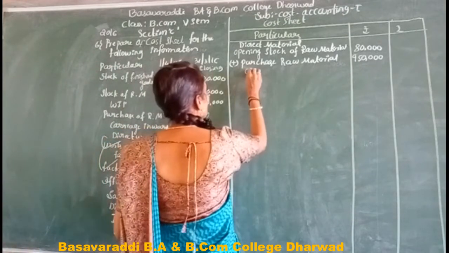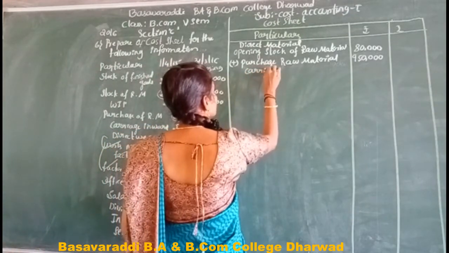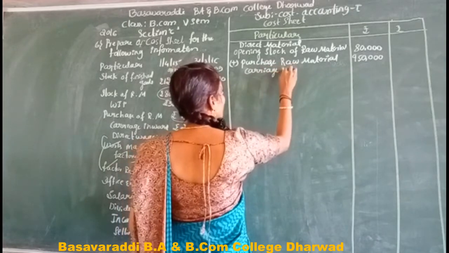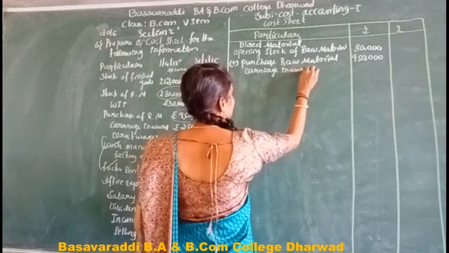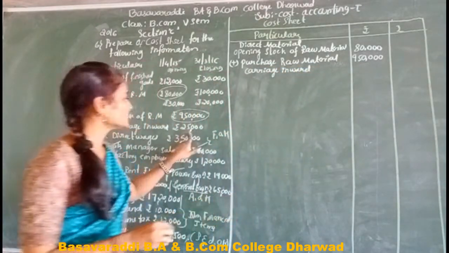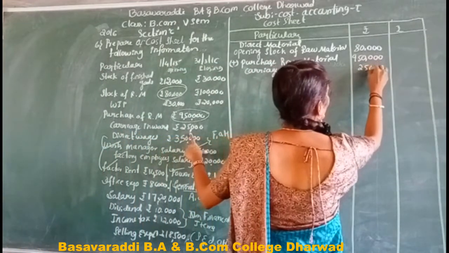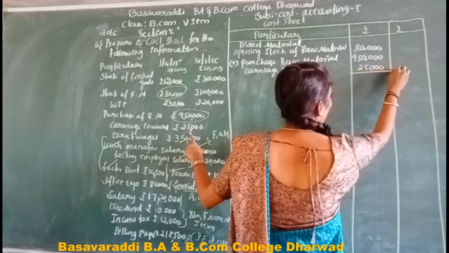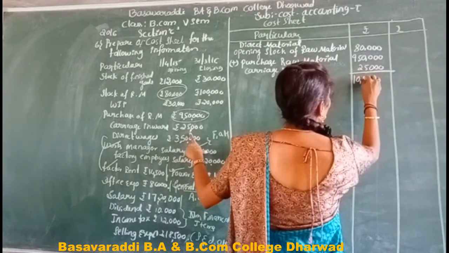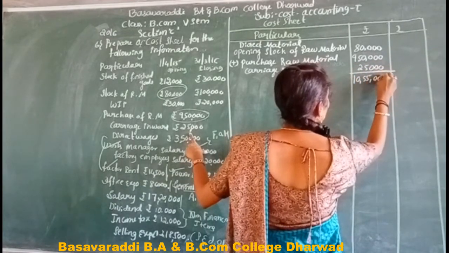Add carriage inward, which is 25,000. Add all three: 10,55,000.